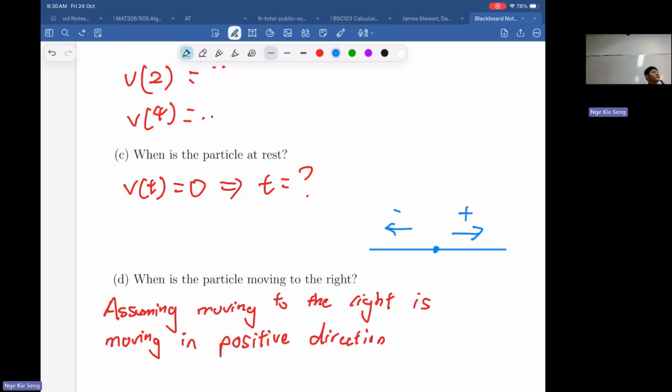Sorry? Yeah, I asked you something. Do we refer to a positive displacement or a positive velocity? Someone murmured.